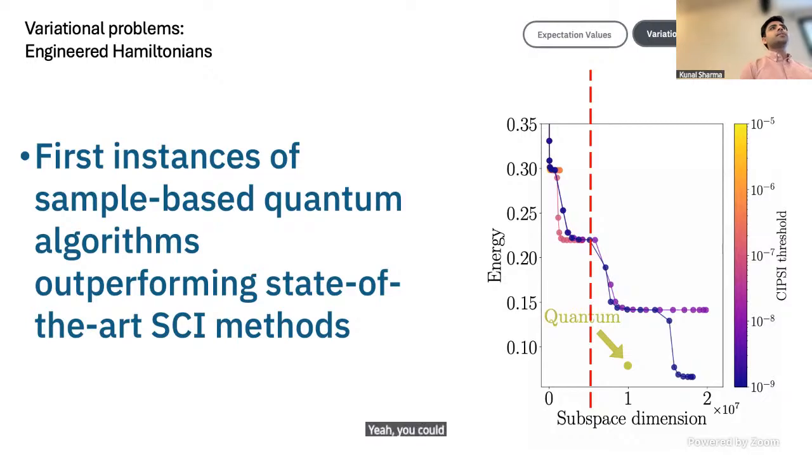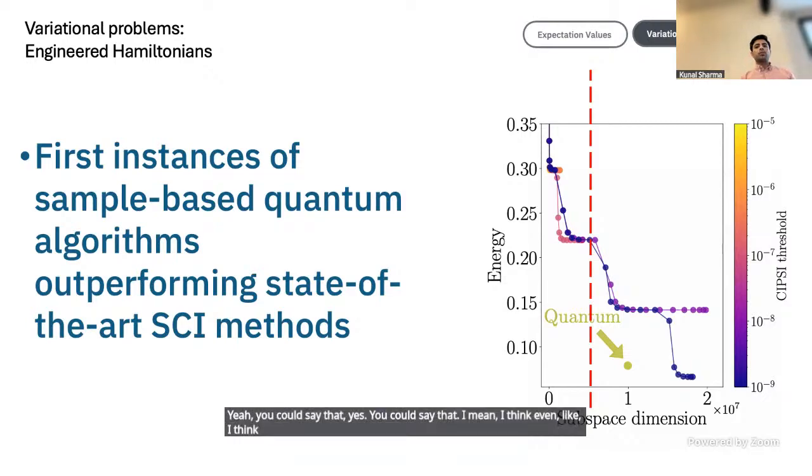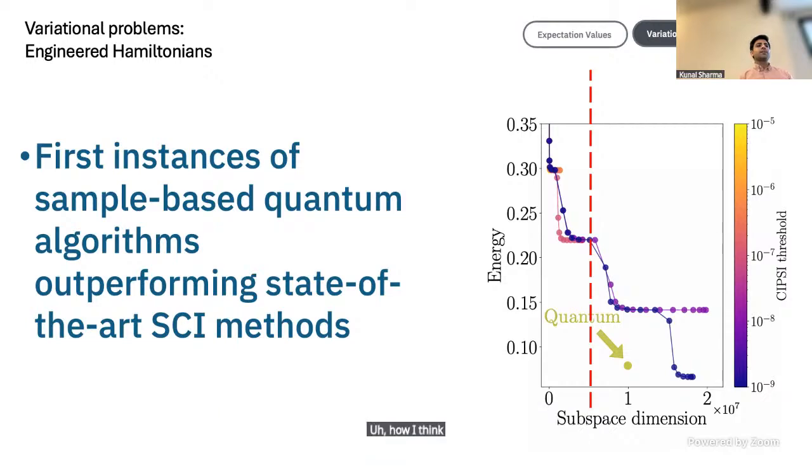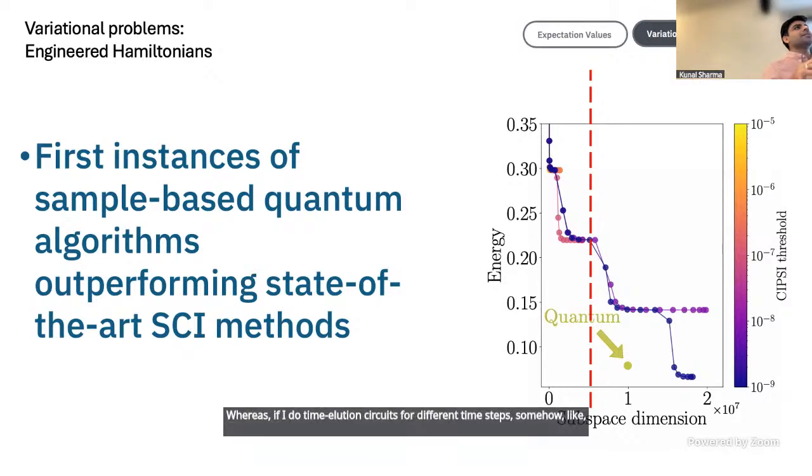Yes, you could say that. I think at the core, how I think about this is that when I apply powers of H, I have to discard some bit strings because I cannot tolerate the memory of all the bit strings. Whereas if I do time evolution circuits for different time steps, the superposition and constructive and destructive interference automatically remove the bad bit strings.